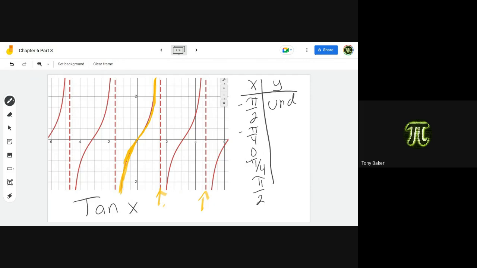Doesn't work. The nice thing is you can't do anything with it. It's always going to be undefined there. So if I tell you to multiply undefined by 3, it's still undefined. And at pi over 2, it's undefined. What about at 0? No, at 0 it is 0.